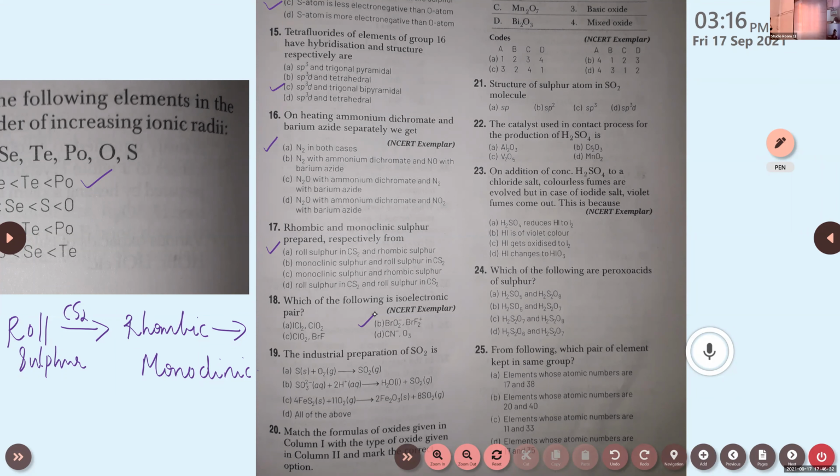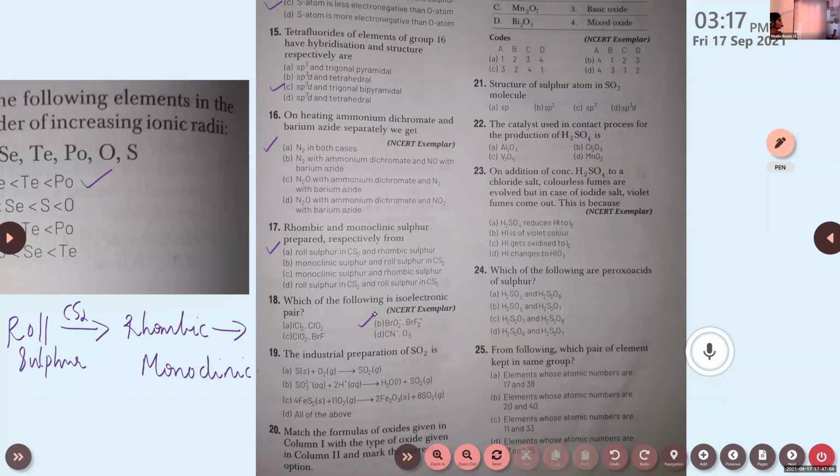Ma'am, in the first option, is the C inside like a modulus? No, it's ICl. I for iodine, then Cl chlorine. In chemistry, there is no modulus, right? Okay.